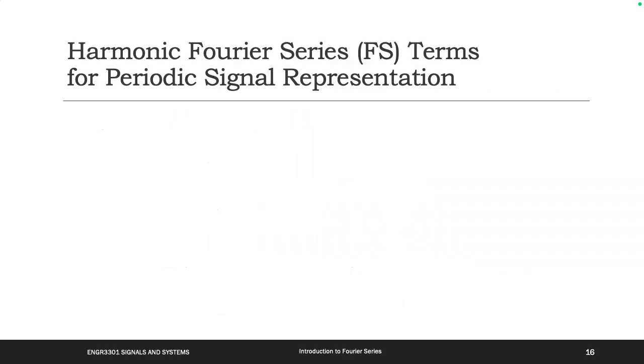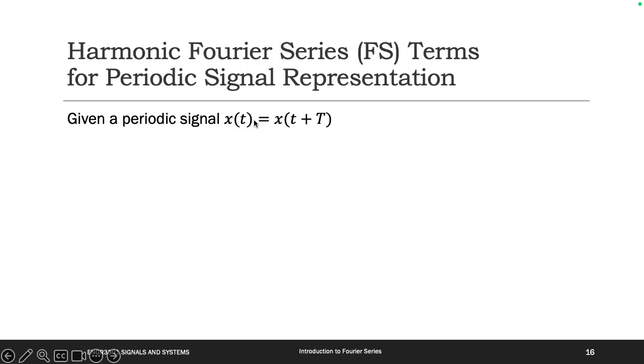Okay, and then let's talk about the harmonic Fourier series terms for periodic signal representation. Given a periodic signal, what's a periodic signal? It means we can find a period such that x(t) equals x(t minus T). What's the period for this signal? What does period mean?